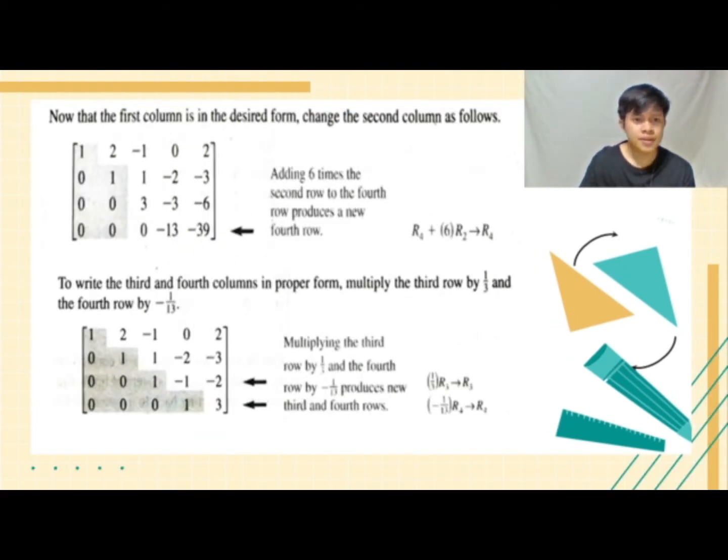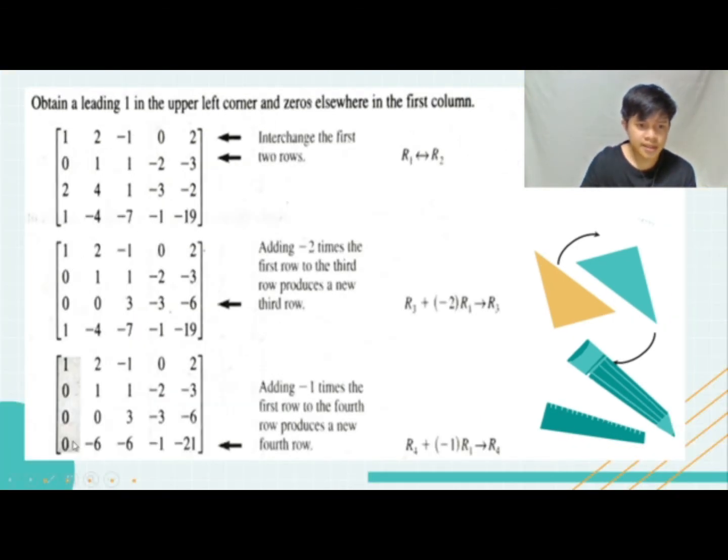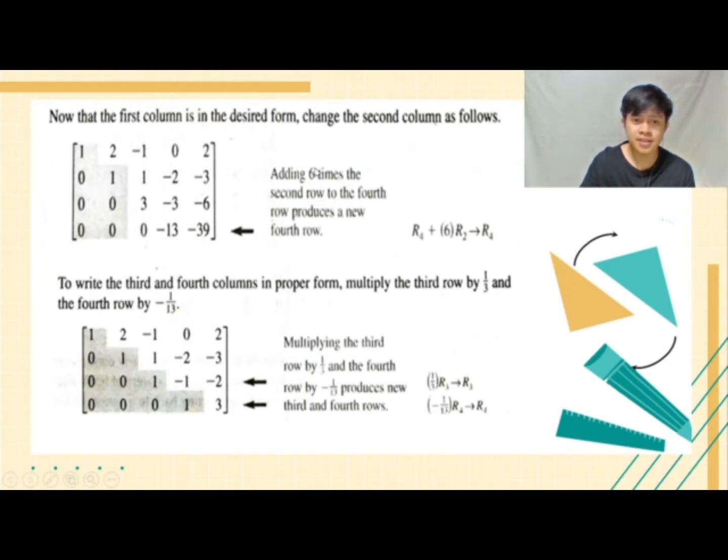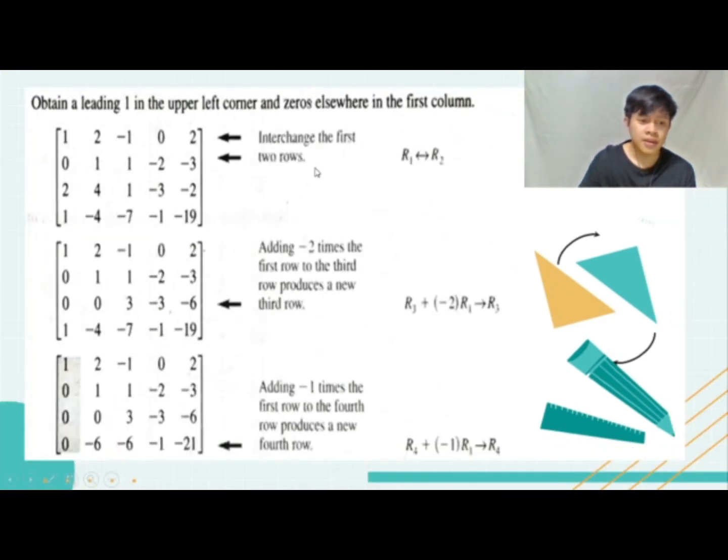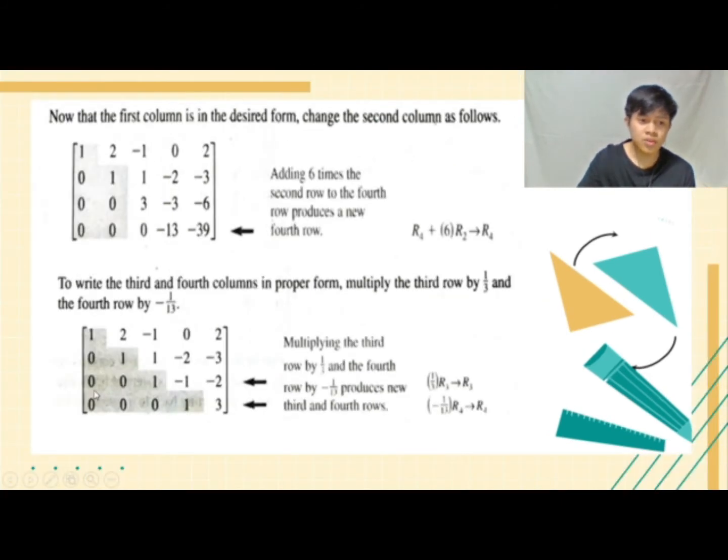Okay? So, magbabase po tayo dito sa last nating pinag-compute sa result. Dito po tayo mag-compute. So, since 0 na po ito, magsisimula na lang po tayo dito sa negative 6. So, negative 6 plus 6 times 1 is equal to 0.